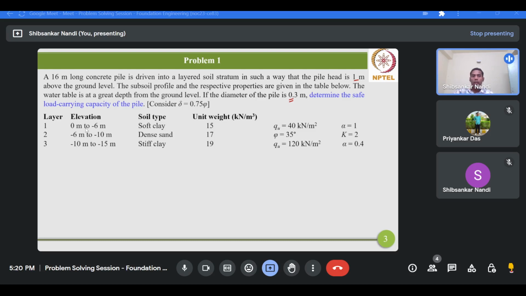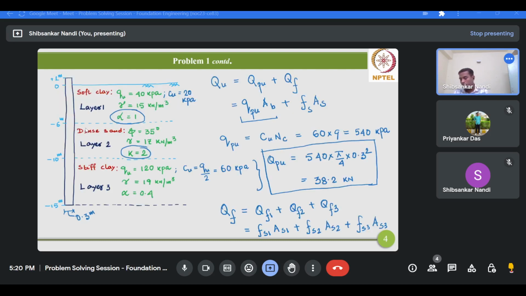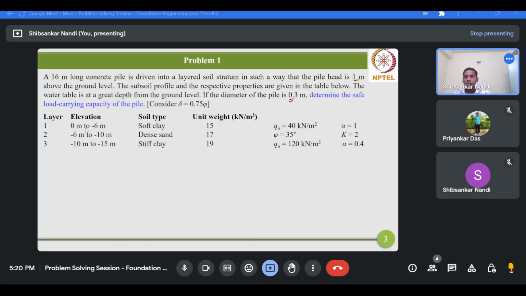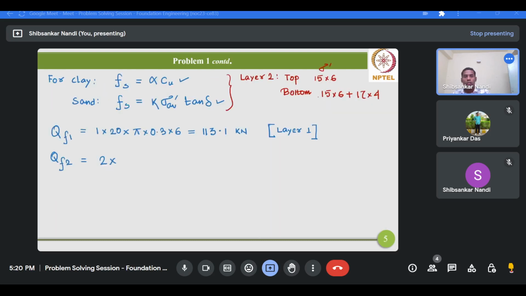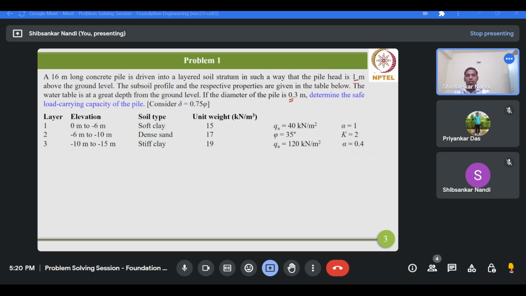So 15 multiplied by 6 plus 17 multiplied by 4, that is 158. Please check the values once more.